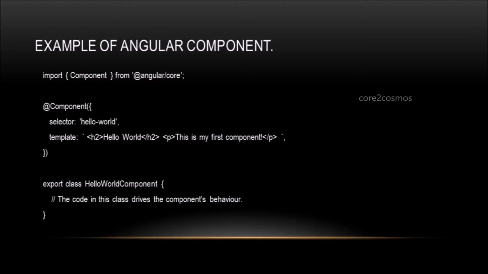The @Component decorator accepts two properties. The selector, which is nothing but hello-world, is mentioned wherever we are going to use this component. The template basically represents the HTML form of the UI. This template will be rendered wherever this hello-world selector is being used. In the next line, we export the HelloWorldComponent to the external world.